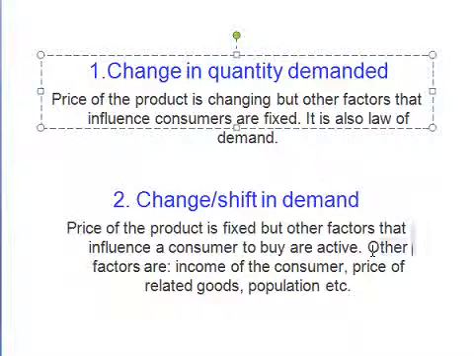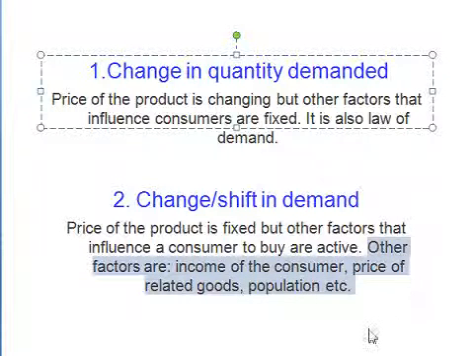Now, what are the other factors? The other factors are income of the consumer, price of related goods, population, etc. So these are the factors that can influence a consumer to buy the product.